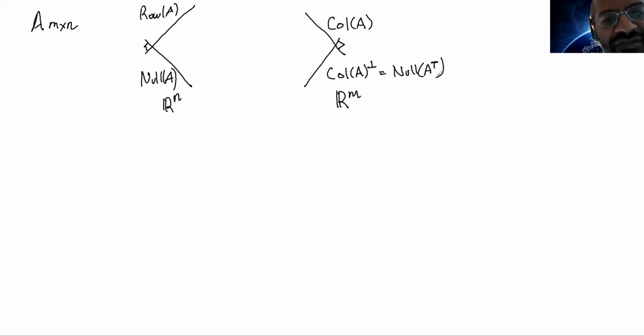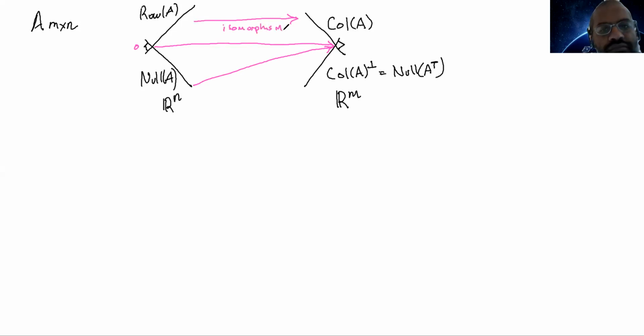Now this beautiful thing happens: 0 gets mapped to 0, this whole null space gets mapped to 0, and up here the row space gets mapped to the column space, and this is an isomorphism. That's just multiplication by A.